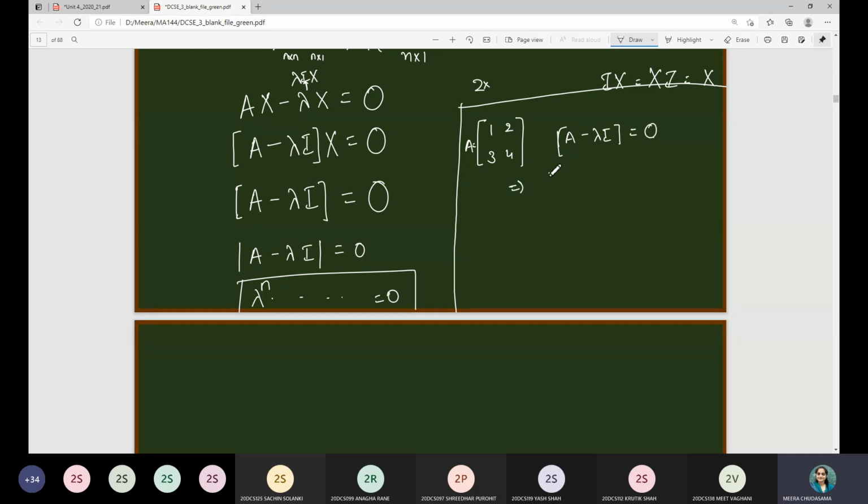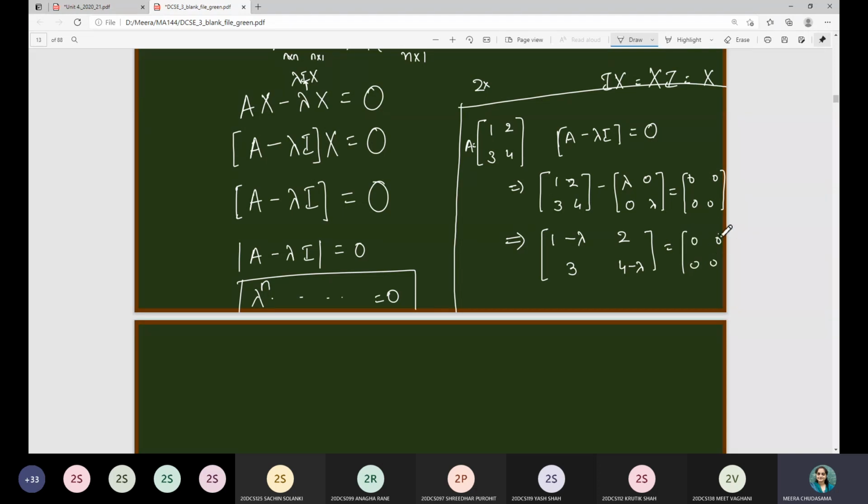That is nothing but 1, 2, 3, 4 minus I, which is 1, 0, 0, 1, multiplied with lambda, so lambda 0, 0 lambda, is equal to 0 matrix of order 2 cross 2, right? This implies this will be nothing but 1 minus lambda, 2 minus 0, so 2, 3 minus 0, that is 3, and 4 minus lambda, is equal to 0, 0, 0, 0.